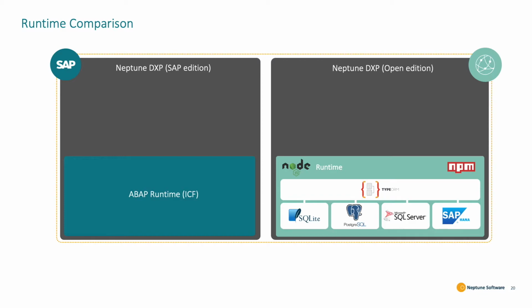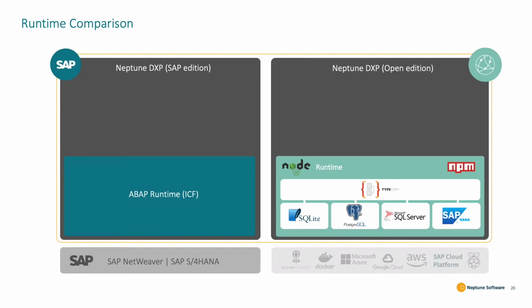The SAP Edition is embedded within the SAP system, so runs within the NetWeaver stack, whilst the Open Edition can be hosted anywhere, on Google Cloud Platform to AWS or Azure, or even on-premise alongside SAP, and it's easy to deploy as a Docker container that can be orchestrated with Cloud Foundry. You can even run the Open Edition on a Raspberry Pi.